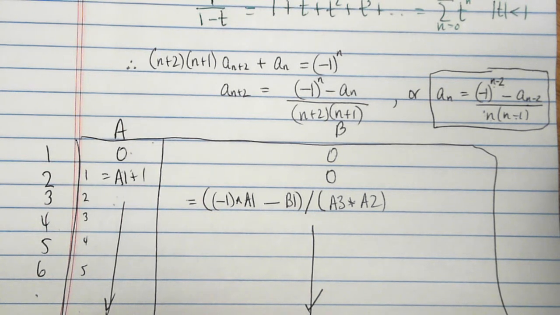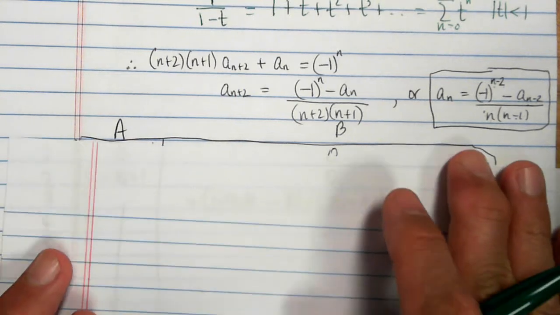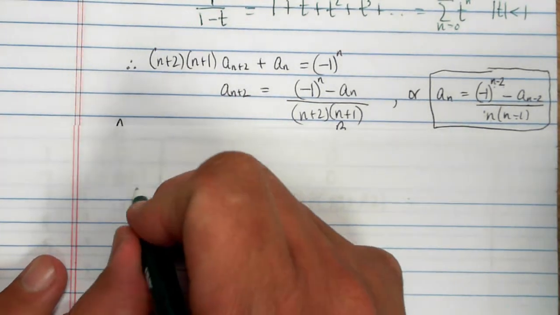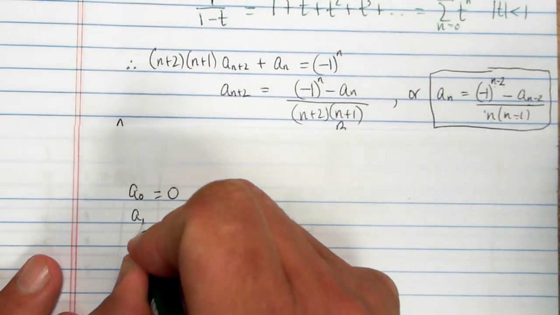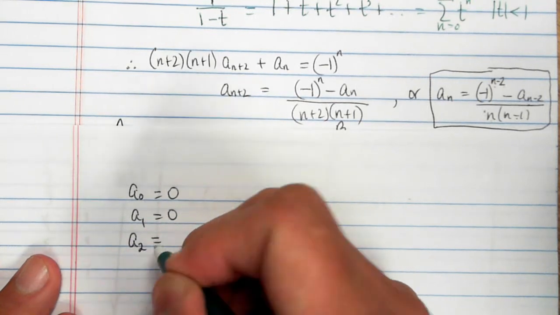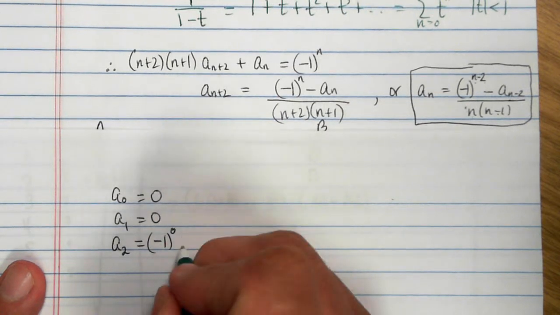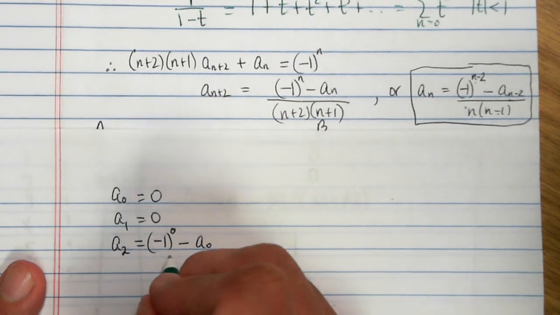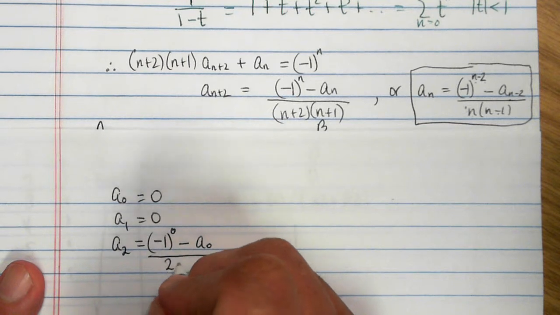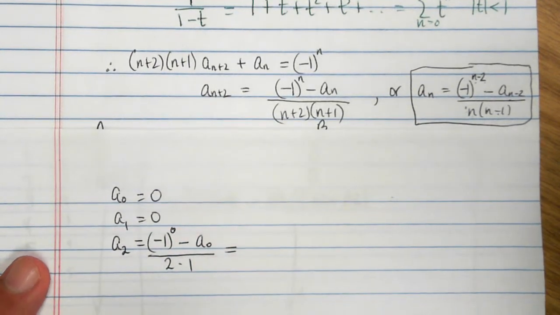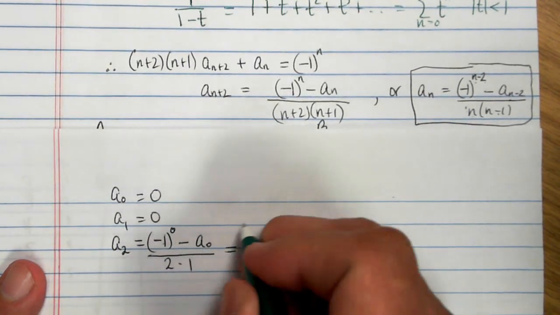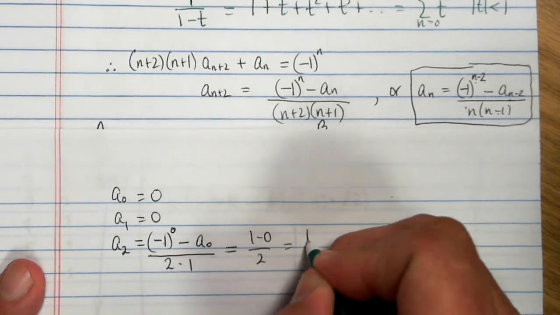Okay, now the problem then asks us to actually figure out all terms up to x to the fourth by hand. So we have a sub 0 was equal to 0, a sub 1 is equal to 0, a sub 2 will be equal to negative 1 to the 0 minus a sub 0 all over 2 times 1. So that's equal to 1 minus 0 over 2, which is a half.